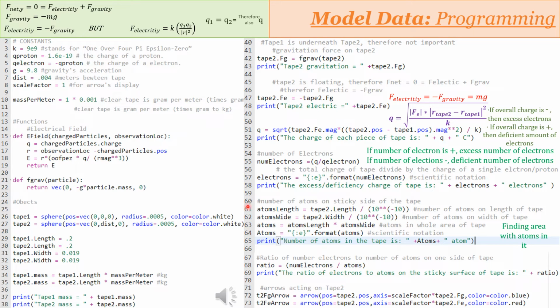We find how many atoms are on the sticky side of the tape by the length times the width of the tape. We're making the assumption that the width and the length of an atom are the same. With that information, we can find the ratio of the number of electrons over atoms.